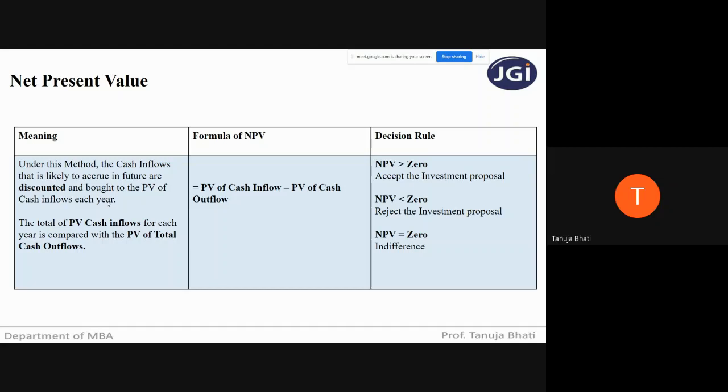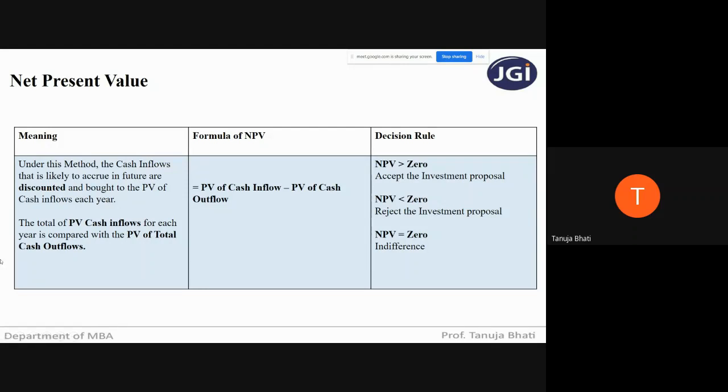Now in net present value, all your cash inflows in each year, whatever inflows you are getting, you have to bring to the present value, present value as on today. Suppose after 1 year, I am getting 10,000 rupees. That is my inflow after 1 year. So what is the value of 10,000 rupees today? I have to discount it and get it to today's value. So under net present value, you have to find the present value of all the cash inflows.